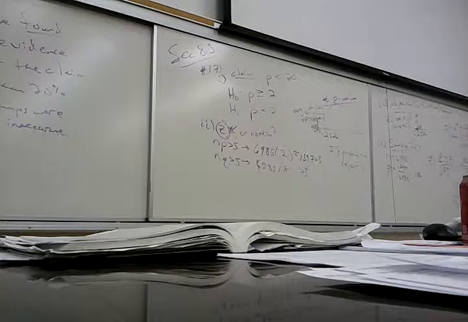Fail to reject a false. Right? Does that make sense? Those are the two things that could happen. If you reject something, it could have been true. If you fail to reject it, it might have been false.